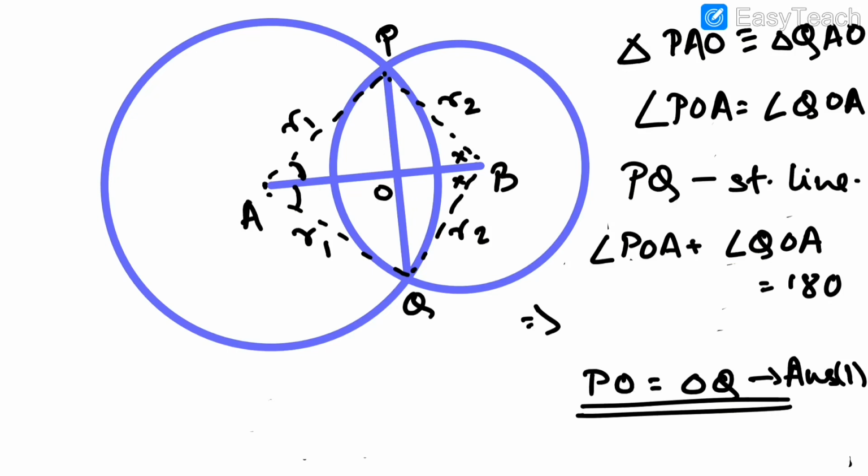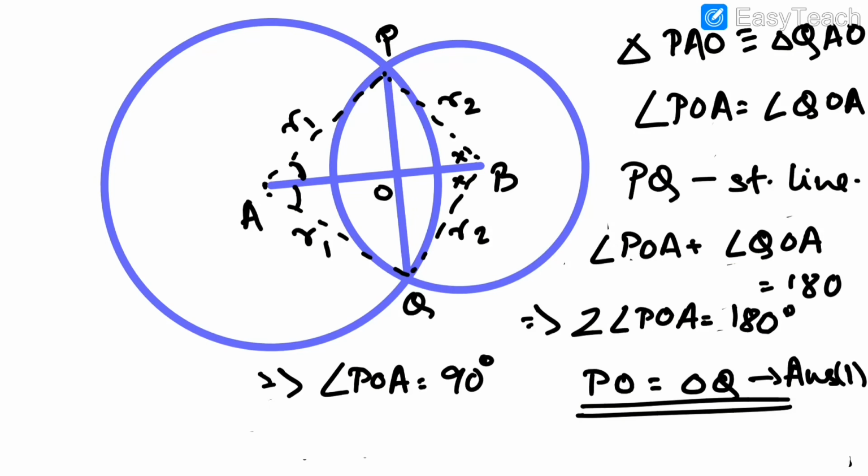Implies that POA equals QOA, 2 times angle POA equals 180 degrees, which means angle POA equals 90 degrees, which is same as angle QOA. Therefore this is our answer 2.